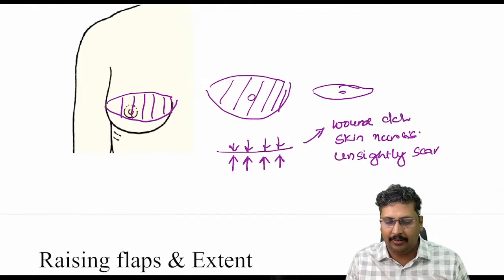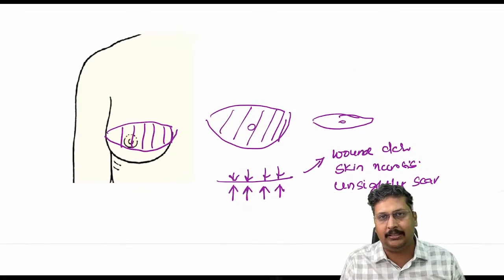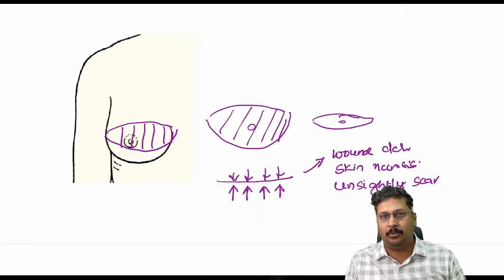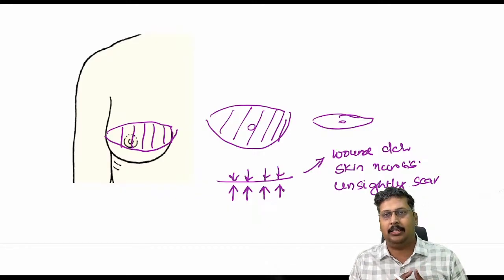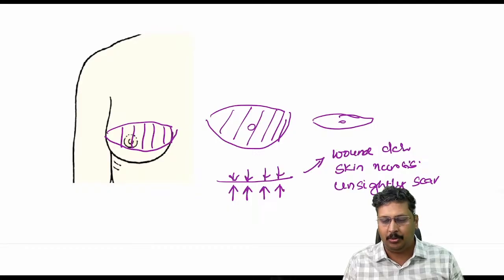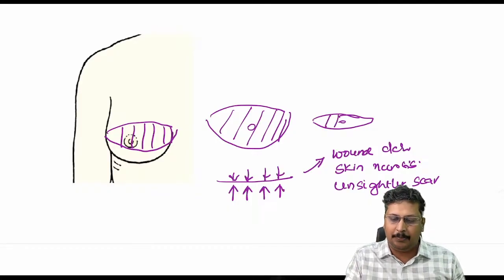So that is the reason why you have to plan your ellipse in such a way that when you close the wound, it should snugly fit the chest. So there will not be any excessive tension and there will not be any excessive tissue. So what will happen when the ellipse is smaller? It will cause two problems.